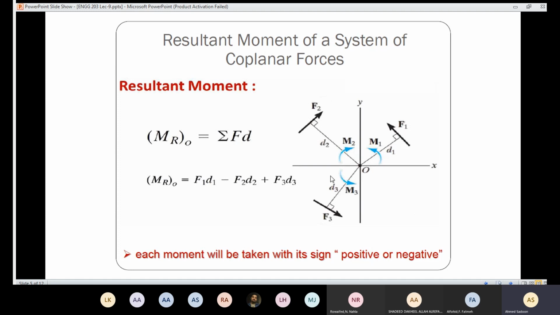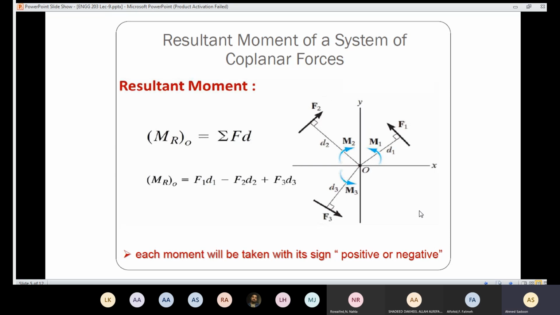Here in this course, we are going to assume that the moment which is counterclockwise is positive, and the moment which is clockwise is going to be negative.